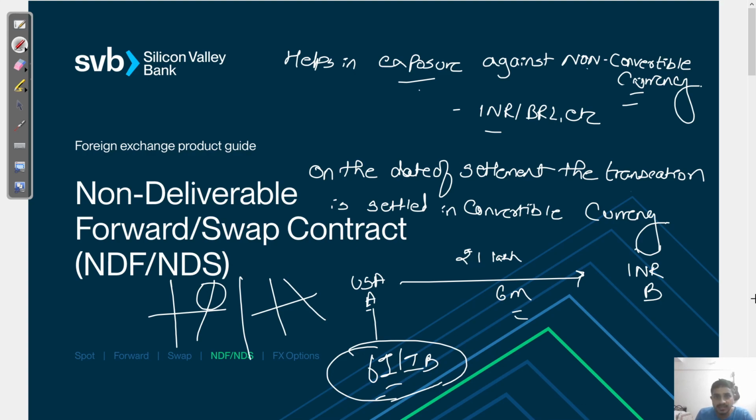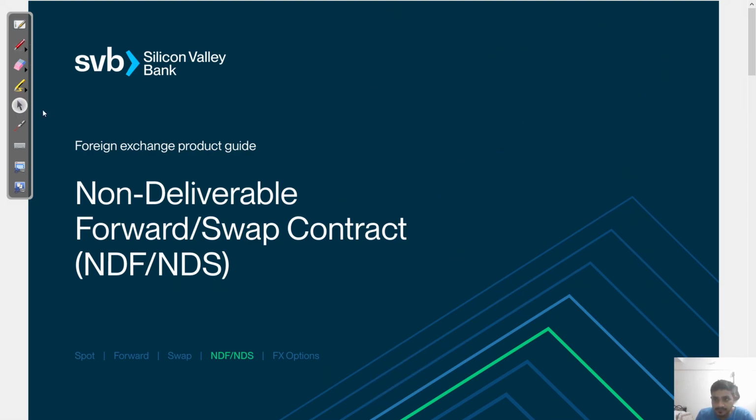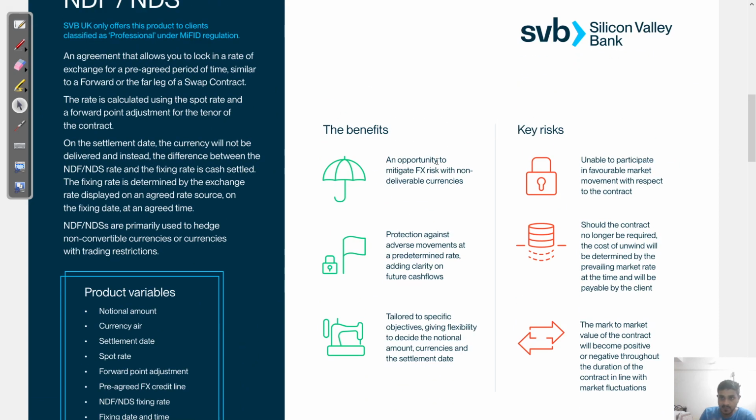Right. So let's just understand further. As we have learned above, it helps to lock in a rate for a pre-agreed period of time, similar to a forward leg or the far leg of a swap contract. We have already seen the far leg of a swap contract is nothing but the forward agreed rate, right?